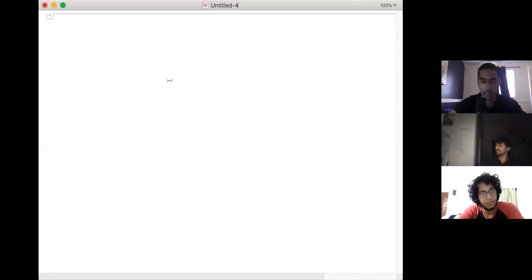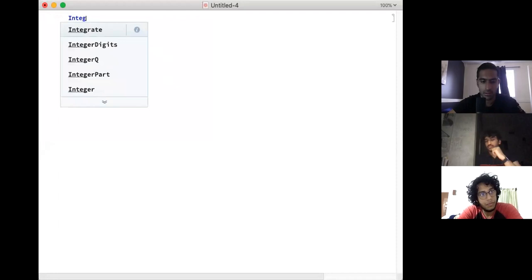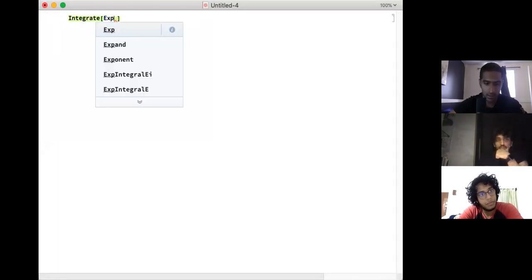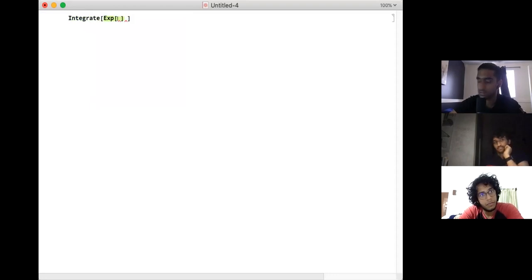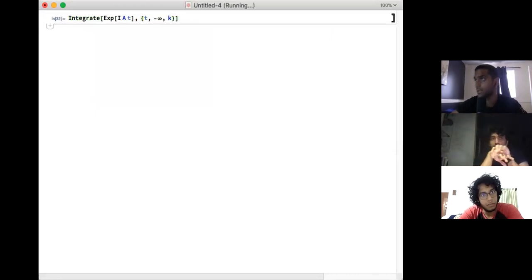Or maybe we have to be more clever, but okay, so now I want you to integrate for me the exponential minus I a times t, where t goes from minus infinity to k. I really hope that this will happen in reasonable time.